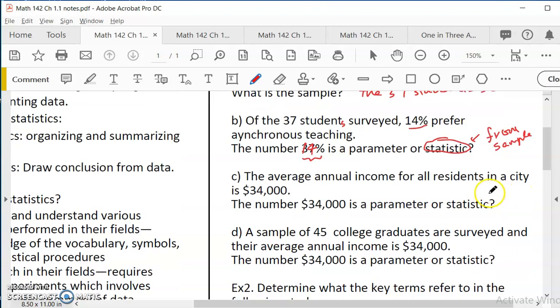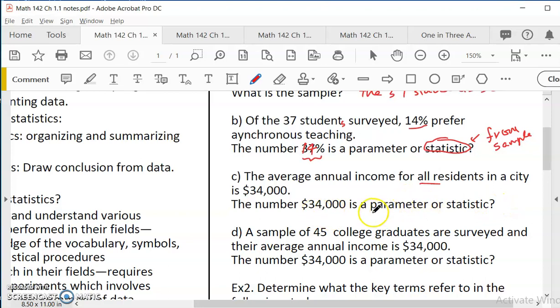Okay. C, the average annual income of all residents in the city is 34,000. So notice they say all residents in a city. So the number 34,000, is it a parameter or a statistic?